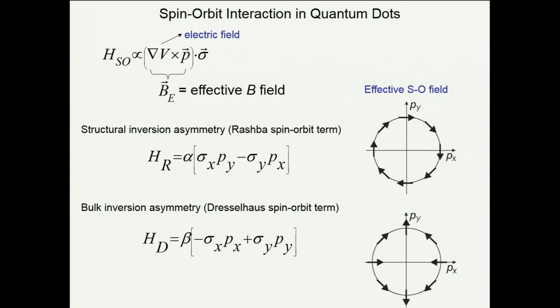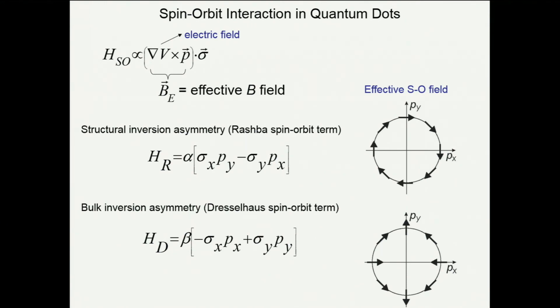These materials have very large differences in their energy gaps. So there's a large step in the potential. There's a large electric field at the interface. And so if you have an electron moving around at that interface, it's going to experience a momentum-dependent magnetic field, and that's called the Rashba field, after Rashba.